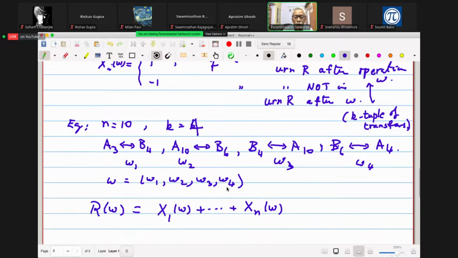Let me explain this. Let me write this as y1 to yn. Okay, let's just write x1 to xn, not change it, plus n, and I think I should do this divided by 2. I think why divide by 2 will become clear in a minute. And here also n by 2.